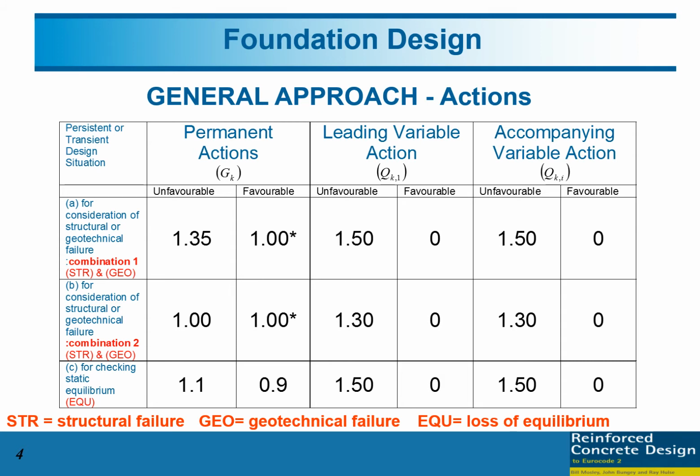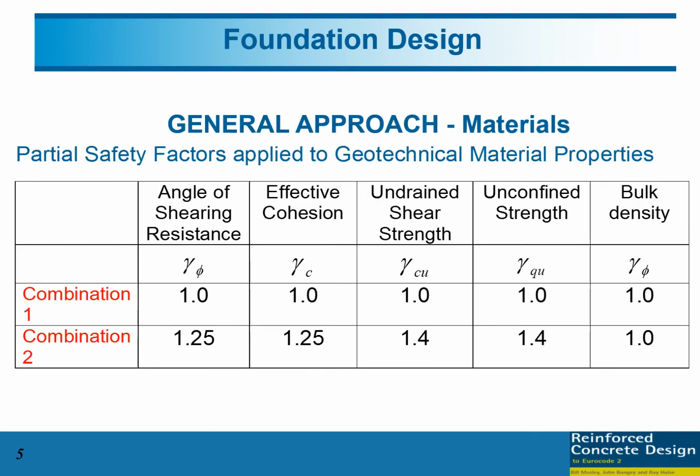But for the equilibrium checking, we use permanent action 1.1, and the variable is 1.5. For the accompanying variable action, for example if you have wind load, you can categorize it as the accompanying variable action.